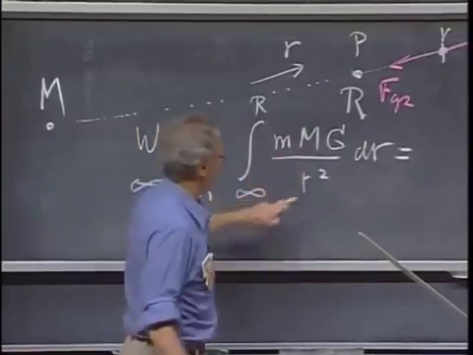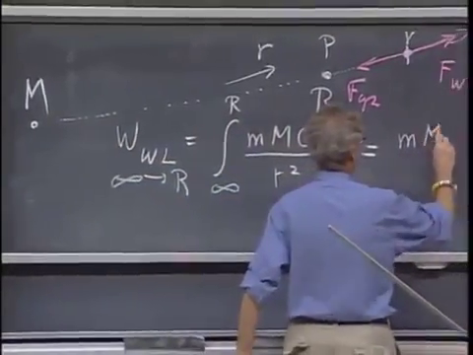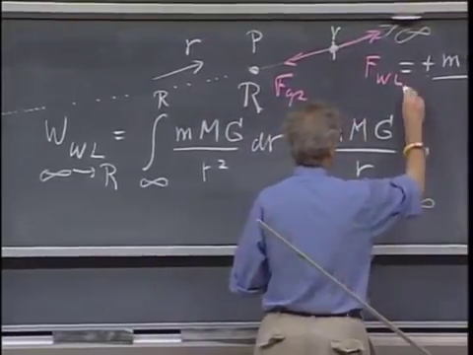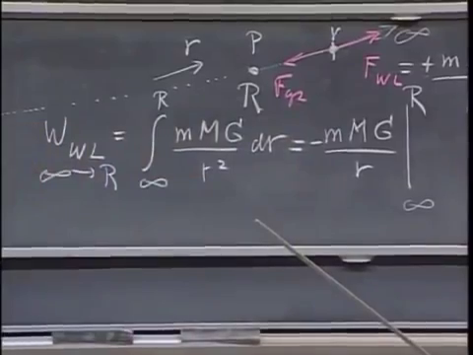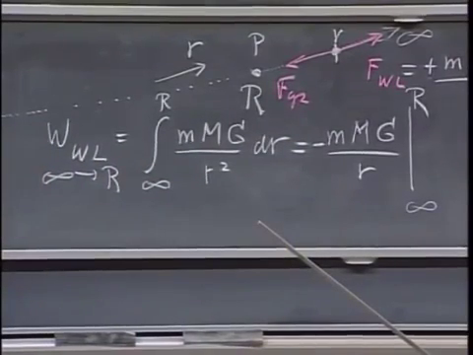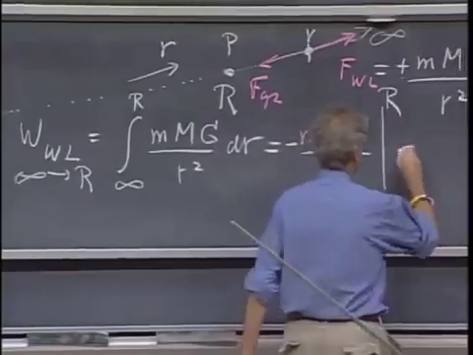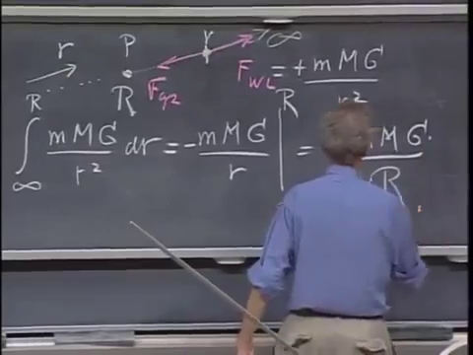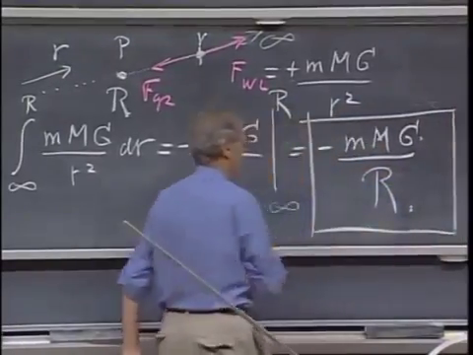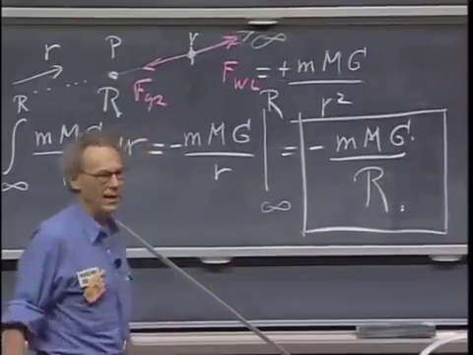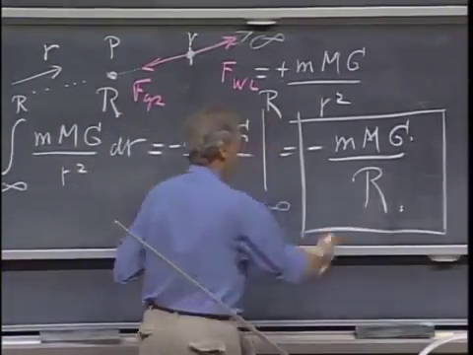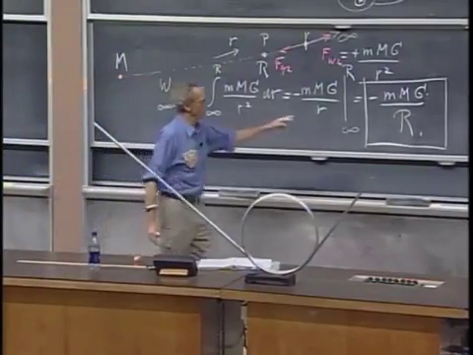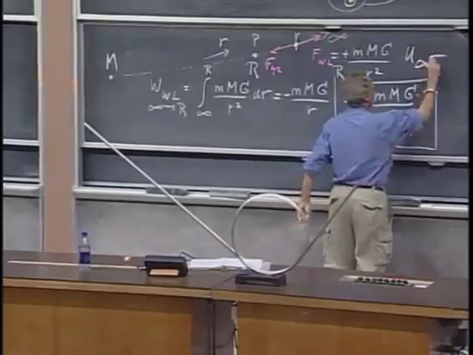This is minus 1 over R, so I get minus mg over R, and that has to be evaluated between infinity and capital R. When I substitute for R infinity, I get a 0, and so the answer is minus mg over capital R. And this is the gravitational potential energy at any distance, capital R, that you please, away from this object. At infinity, it's now always 0.